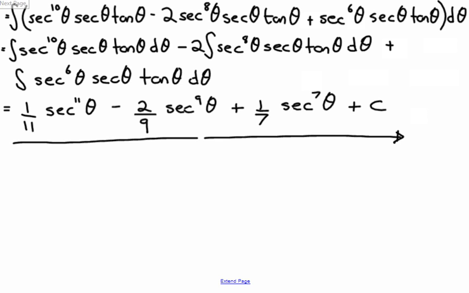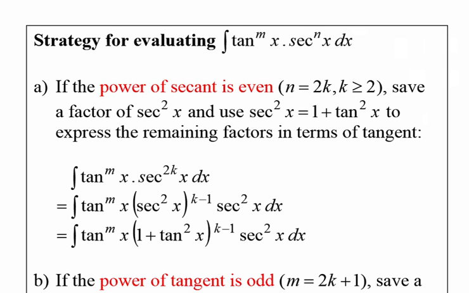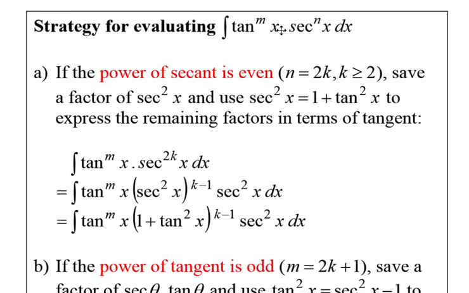So let's just end off with our general strategy for coping with products of tan and sec functions. Now notice, like in the first example, if the power of secant is even, so that exponent is 2 times something, I'm going to call it 2k, just to generalize. K is bigger than or equal to 2, because if it's not, that's not always going to work out. Okay, so save a factor of sec squared theta.